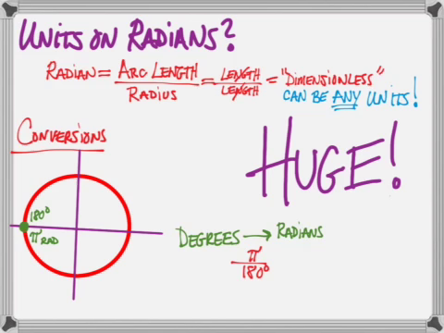So if I want to go degrees to radians, I'm going to multiply by pi over 180 degrees. So if we think about the goal problem, 23 degrees in radians, I multiply by pi radians over 180 degrees.